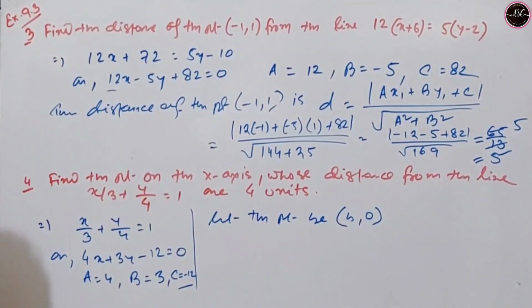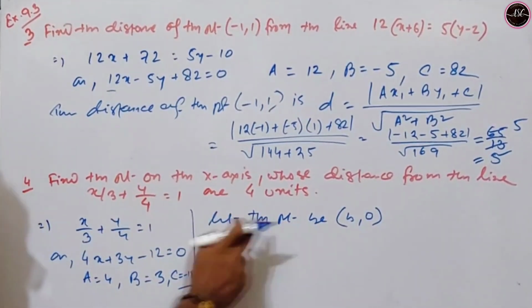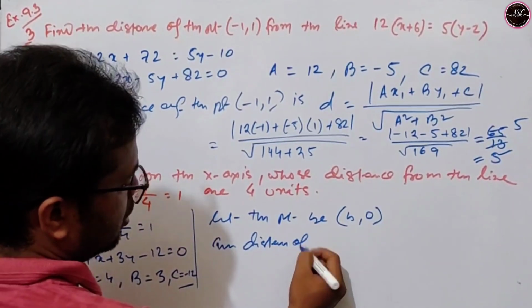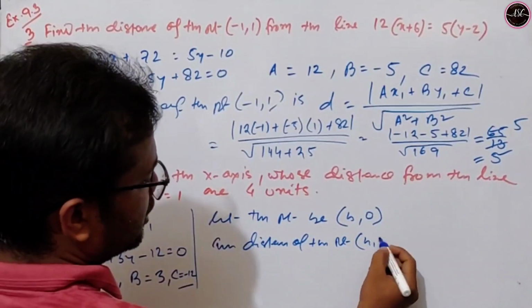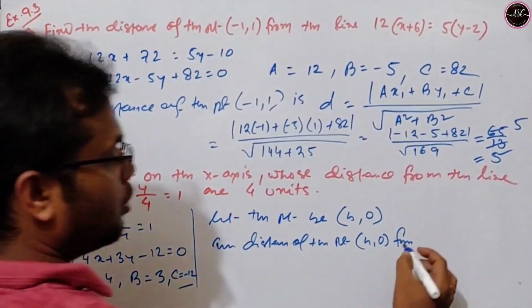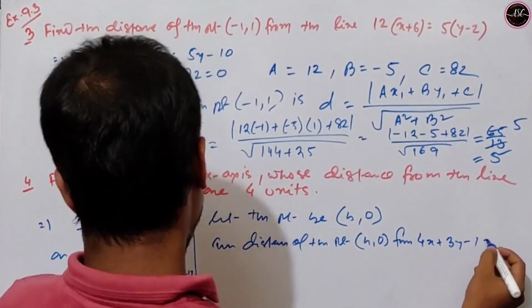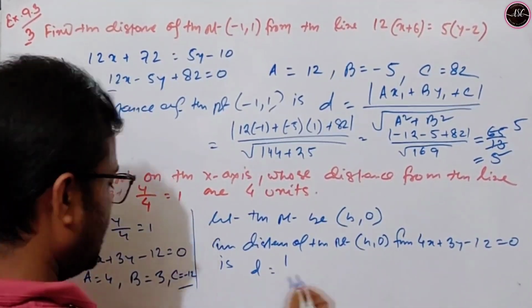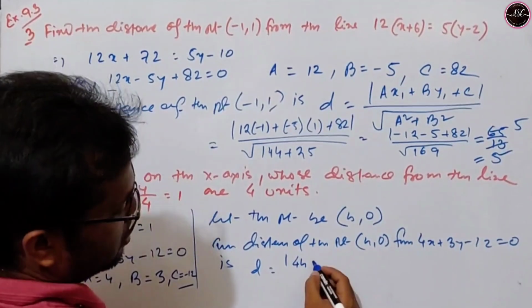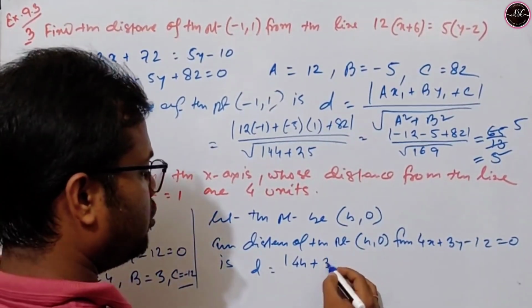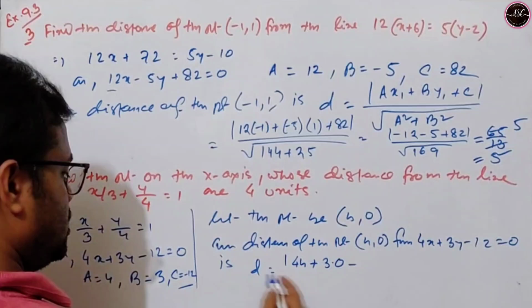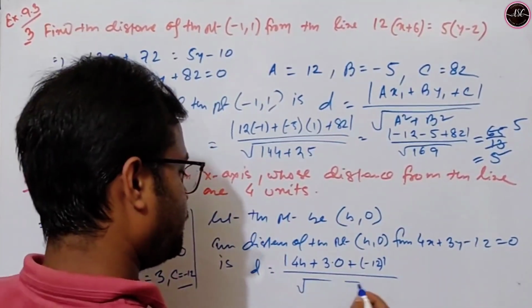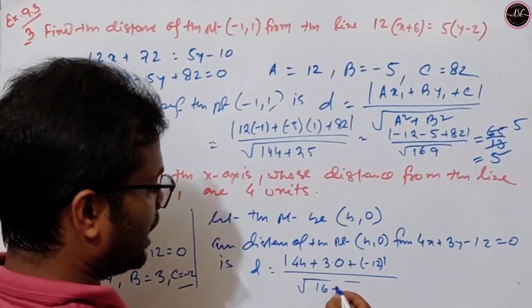So the distance of the point h comma 0 from 4x plus 3y minus 12 equal to 0 is d equal to mod of a, that is 4h, plus b, that is 3 into 0, plus c, that is minus 12, divided by root of a square plus b square, that means 16 plus 9.